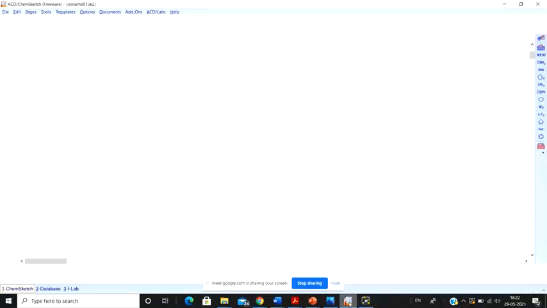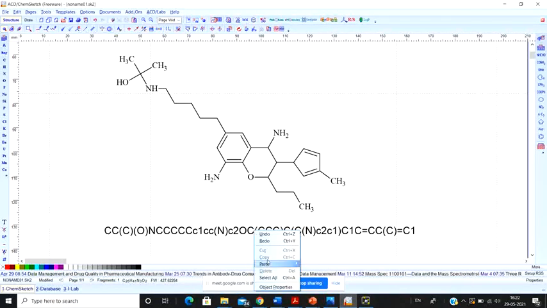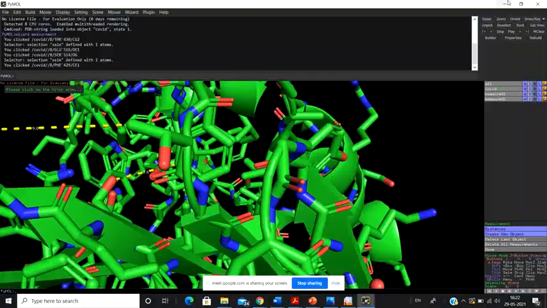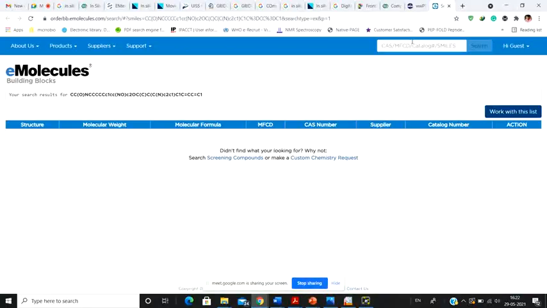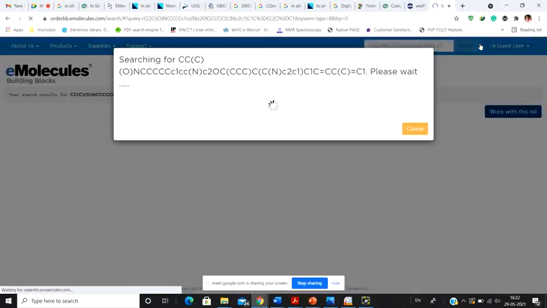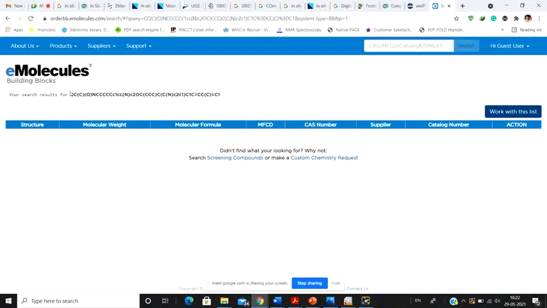So suppose I have this SMILES notation, I will simply copy it. How to copy? Select it and simply Ctrl C. Now here you can simply paste the SMILES notation and click on search. Now it is searching for that molecule, and there is no such molecule present. So this particular molecule can be a novel drug.